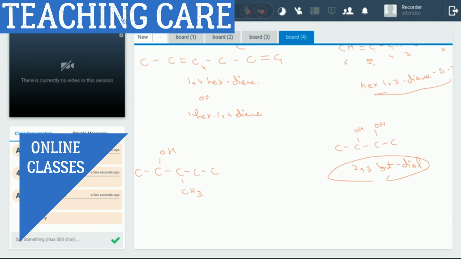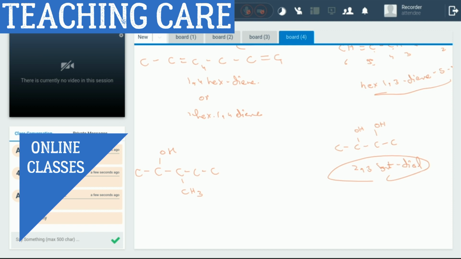Starting from the left hand side, the name would be... There is a methyl group, so better to start from methyl first.